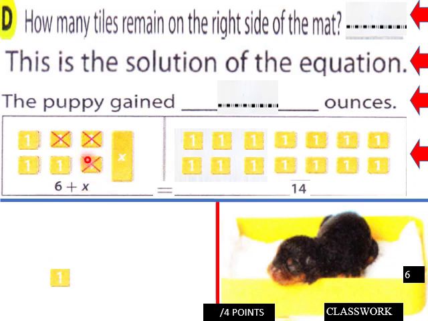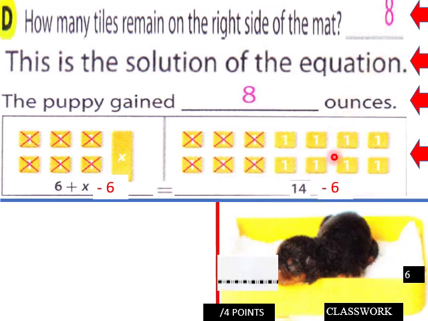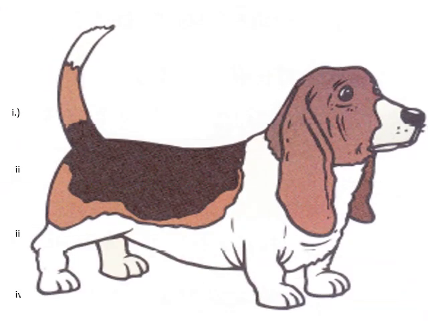So again, we subtract 6 from this side here. And once we get rid of this 6, we subtract 6 over here. What are we left with, students? We're left with how many ounces? 8 ounces. So the puppy gained 8 ounces in 2 weeks. That's the idea there of an equation.